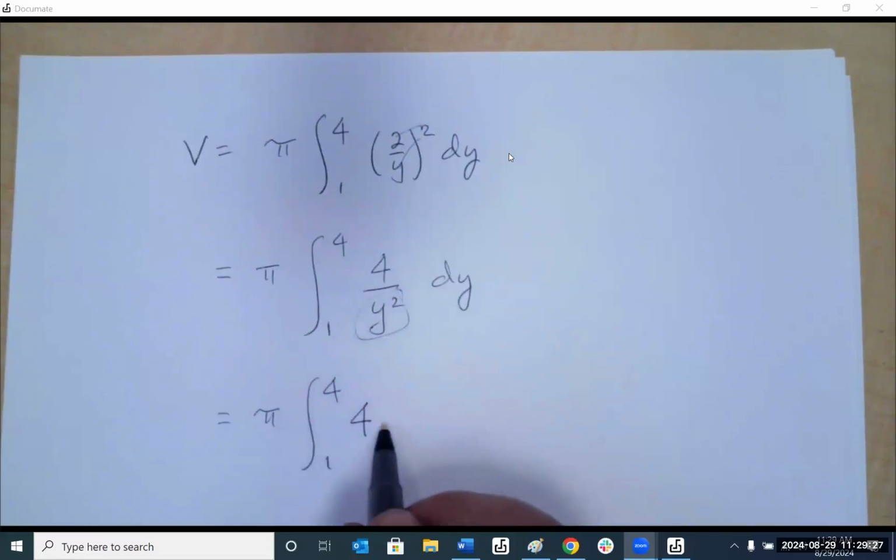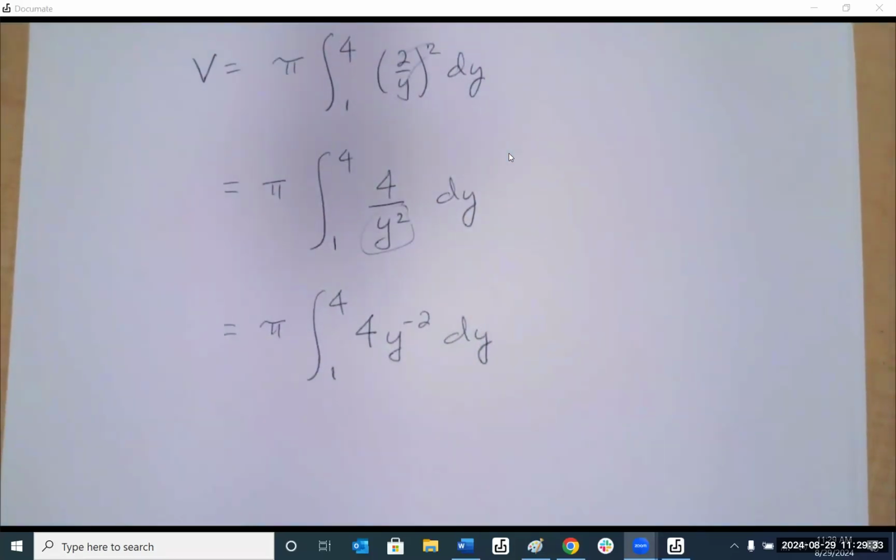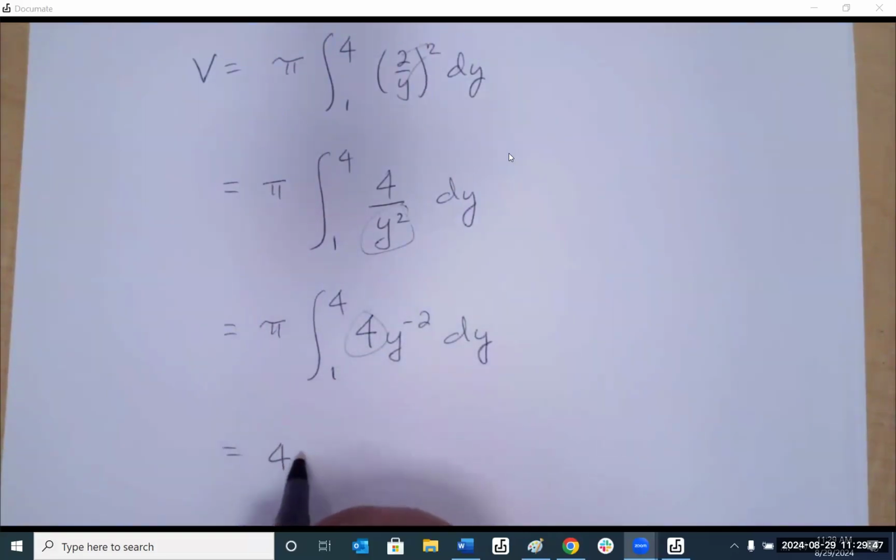I bring this up on top, so I change the exponent. Remember, if you move the exponential term from top to bottom or bottom to top, you have to change the sign of the exponent. That's a constant multiple, so I could bring it out in front.